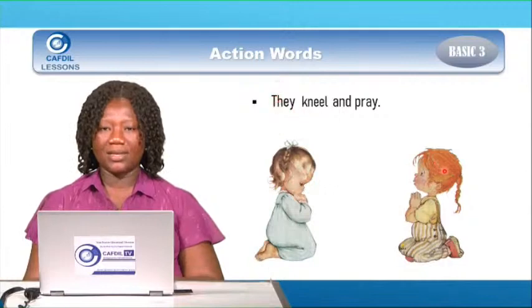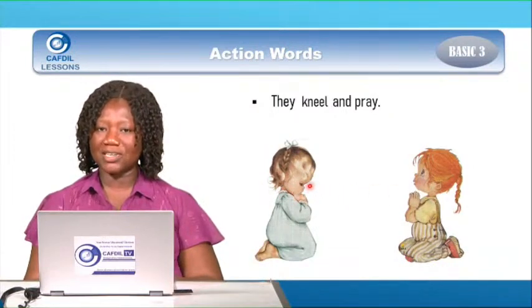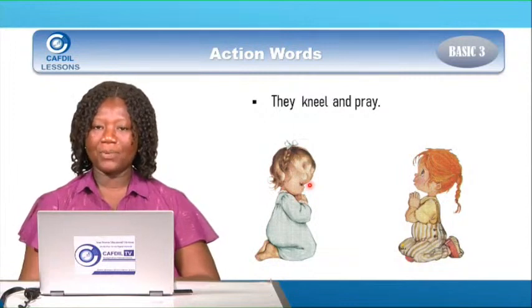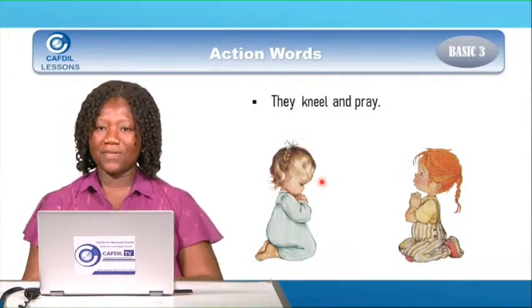They are kneeling to perform another action. Kneel is an action, and they are performing another action as well. So we'll talk about two actions here, okay? And we want to use the word they to form a sentence talking about the actions.